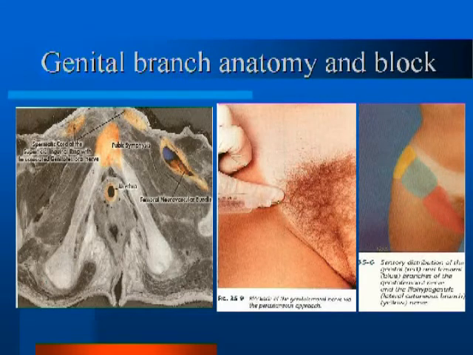Most of the time, this block is performed by pain medicine doctors who are attempting to determine whether there's anesthesia dolorosa or something going on in the perineal area. We don't ask the question what is going on in the preperitoneal area. There is nothing in the anesthesia literature that suggests that the preperitoneal branch is blocked at all.